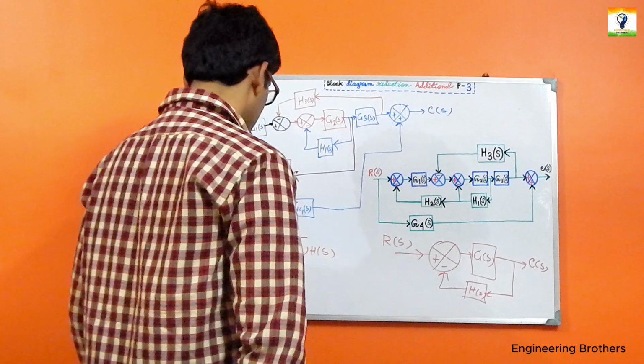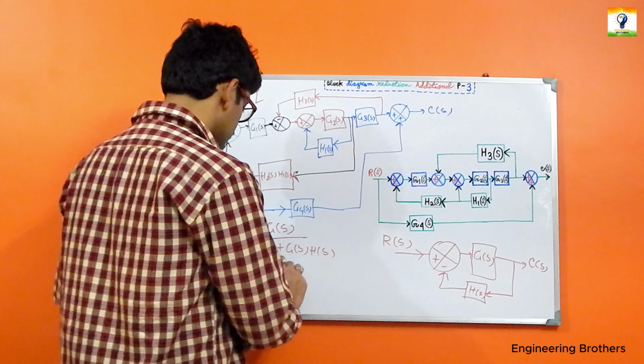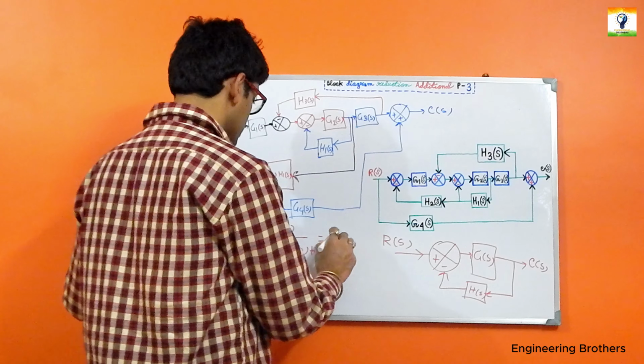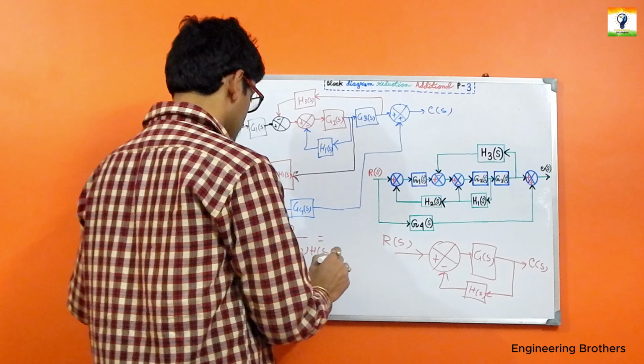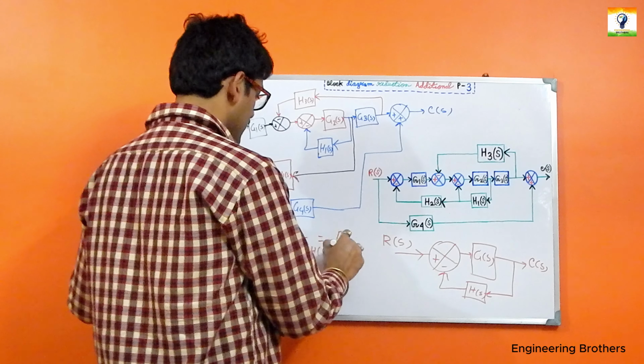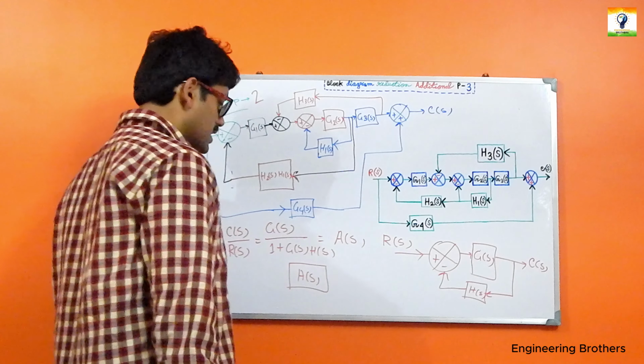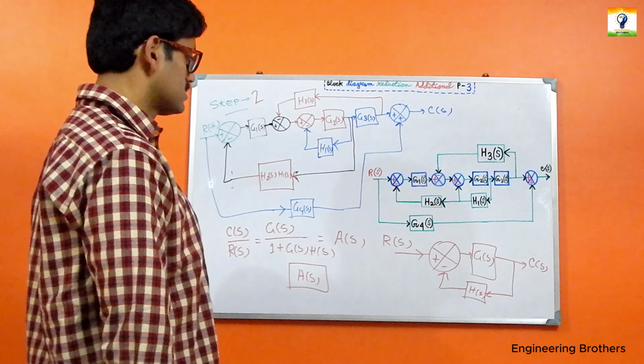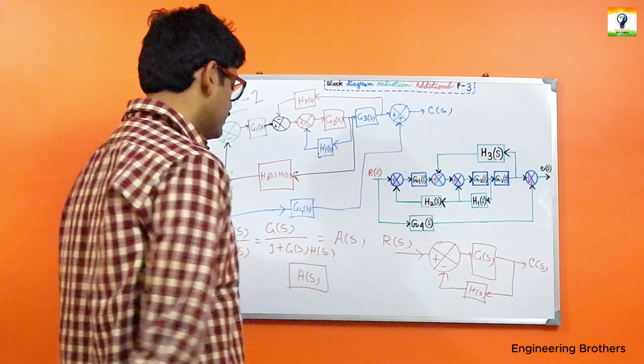Now what is the block diagram for this one? If you consider this as our, say, AS, then the block diagram looks like this one. Here the transfer function for this block will be this one.